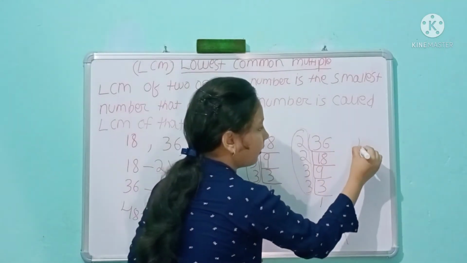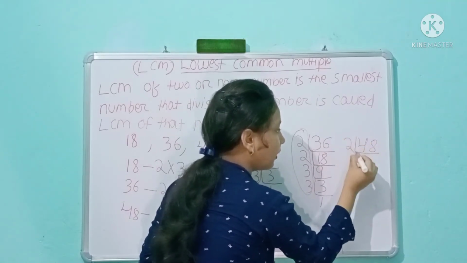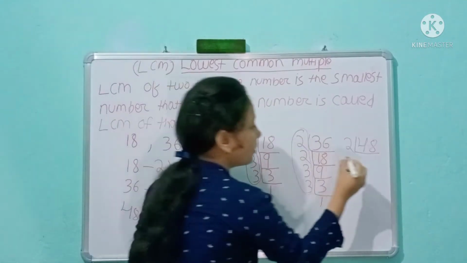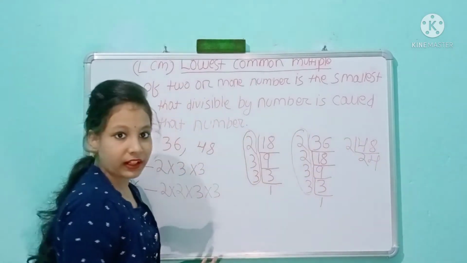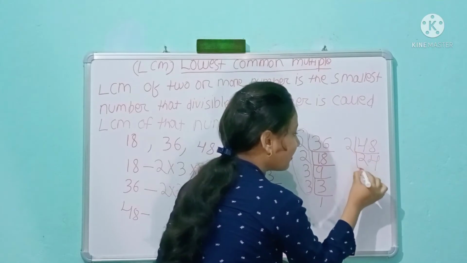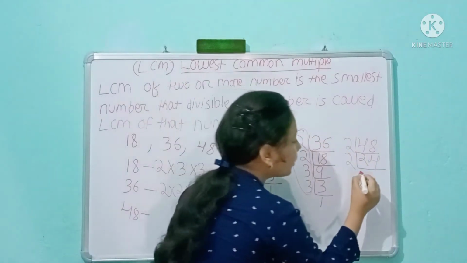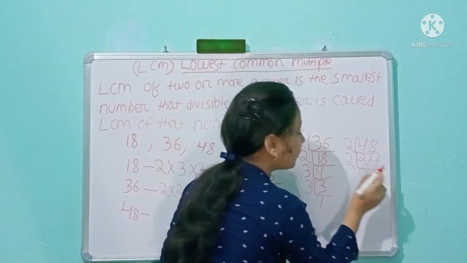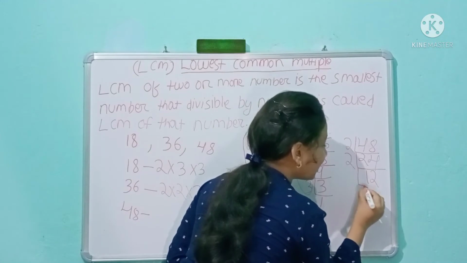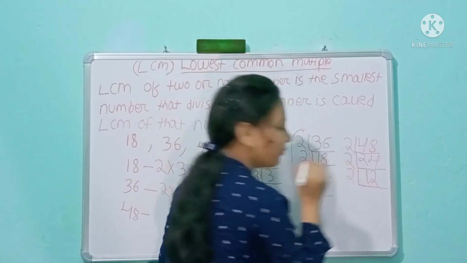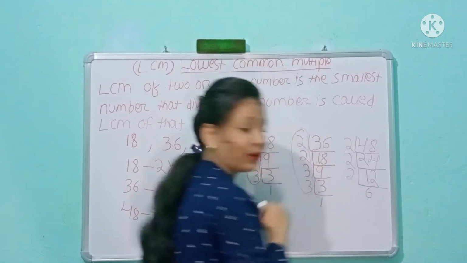So then the number 48. I write here 48 divided by 2. Clear? So 24 2s are 48. Then divided by 2. 12 2s are 24. Then divided by 2. 6 2s are 12.